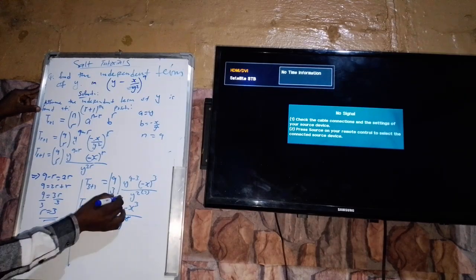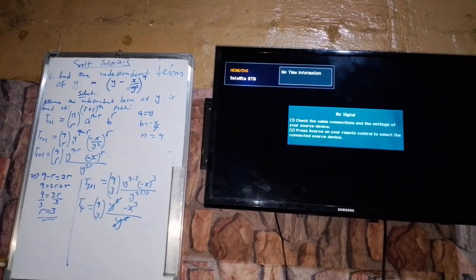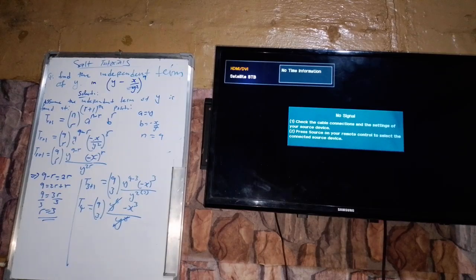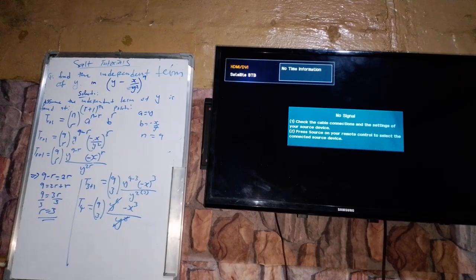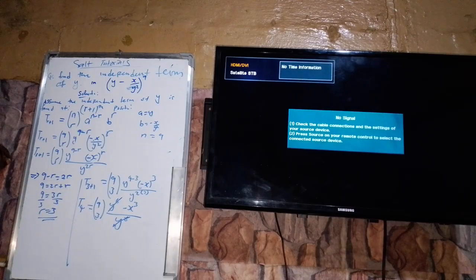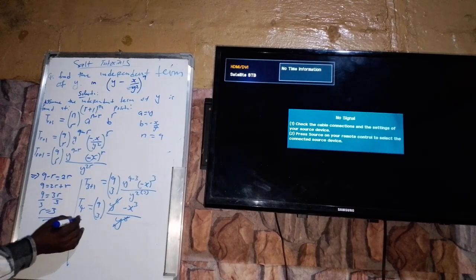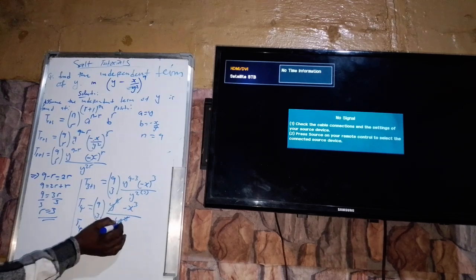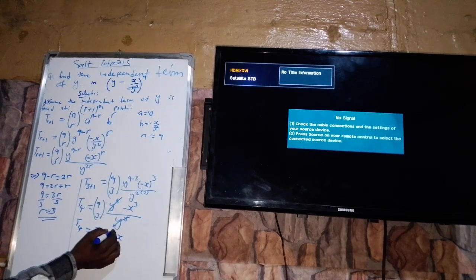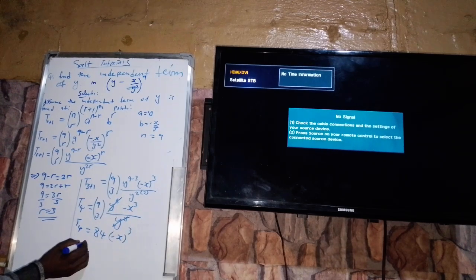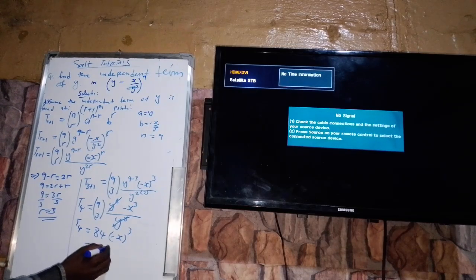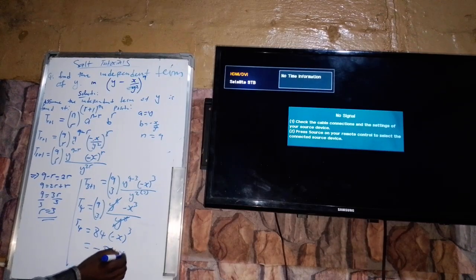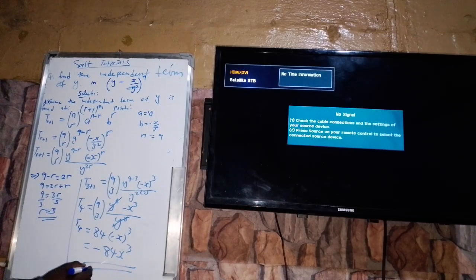Y to the power 6 and y to the power 6 will go, and 9 combination 3 should give you 84. Multiplied by negative x to the power 3, this will be equal to negative 84 x to the power 3 as our independent term of y.